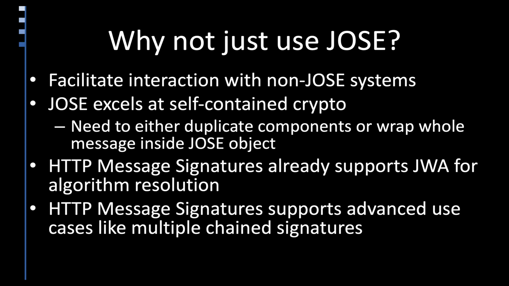But when you're signing an HTTP message, you're no longer self-contained. You either need to duplicate or wrap portions of the HTTP message inside the JOSE object. So if you want to cover headers, you need to hash them like the HTTP spec.